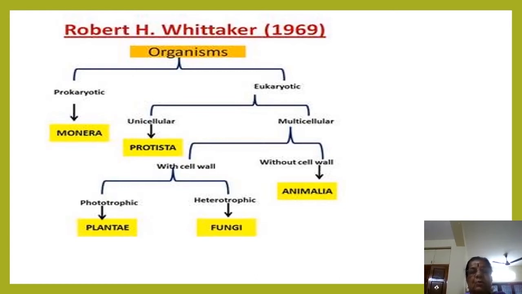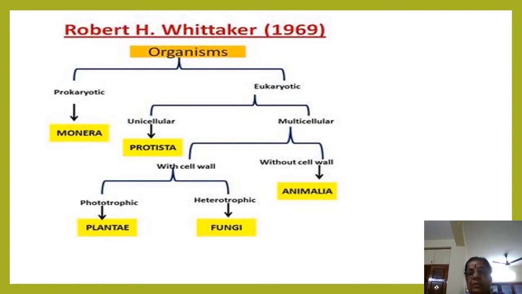He classified organisms as prokaryotic and eukaryotic. Prokaryotes include kingdom Monera. Eukaryotes are further classified as unicellular and multicellular. Unicellular, for example, Protista. Multicellular organisms are further classified into with cell wall and without cell wall.